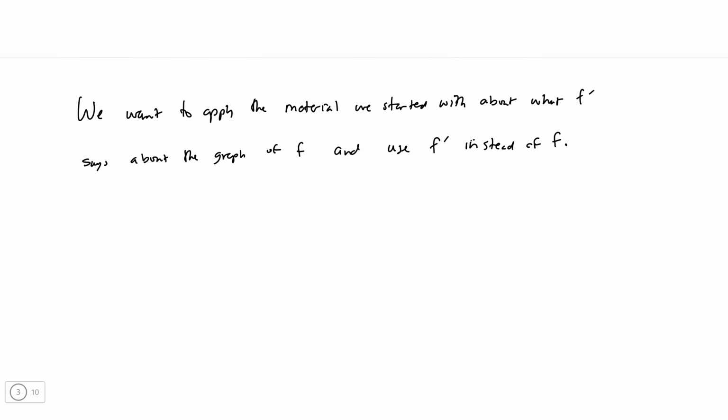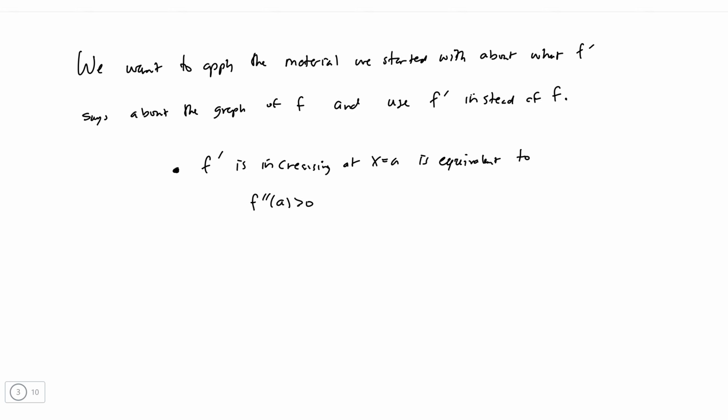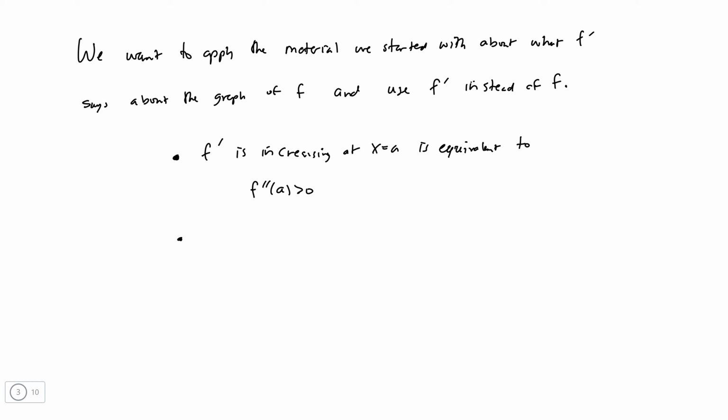So what that would mean, if we rewrite those things, we would say f prime is increasing at x equals a is equivalent to f double prime of a being bigger than 0. So we've just replaced everything by taking the function, replacing it with the derivative, and then using the derivative of that function, which is the second derivative.